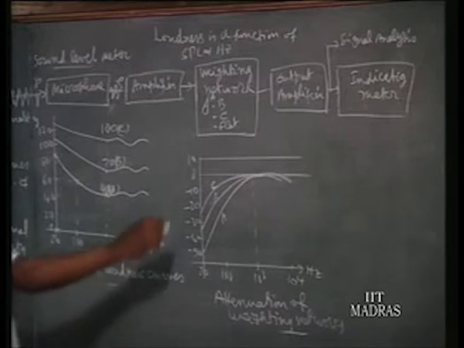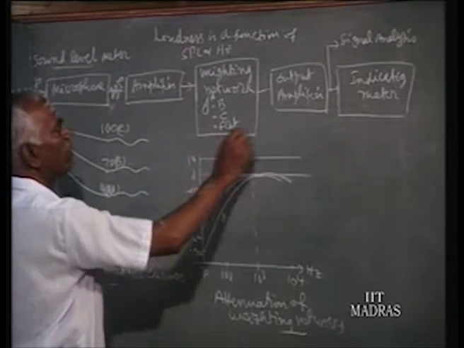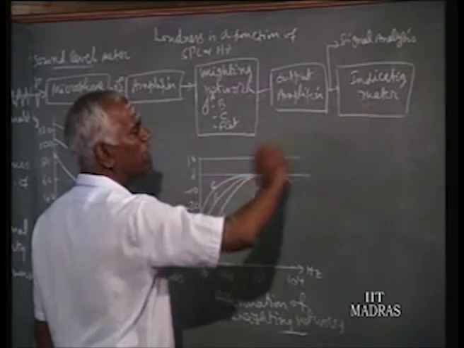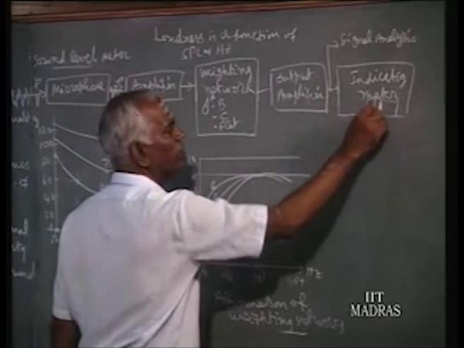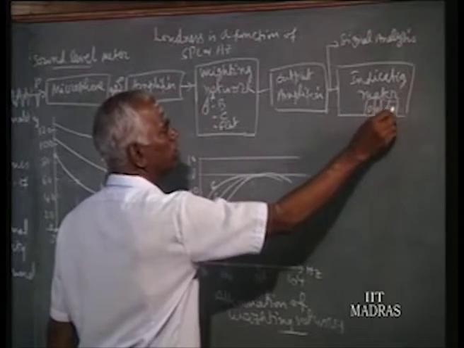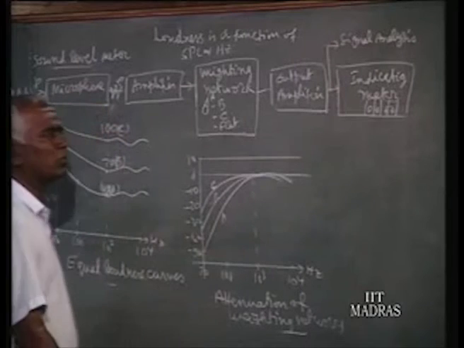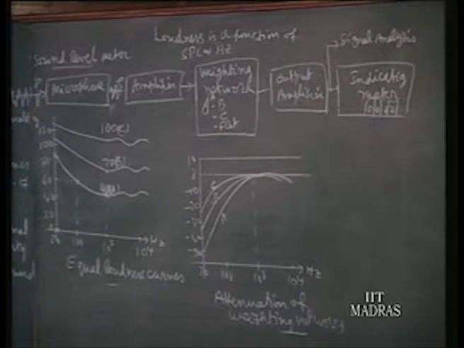Next it goes to the output amplifier, and then it can either go to the indicating meter where we have the reading in decibels, or we can also take the output of the output amplifier for analysis, especially in machines and equipment where we want to locate the noise source.